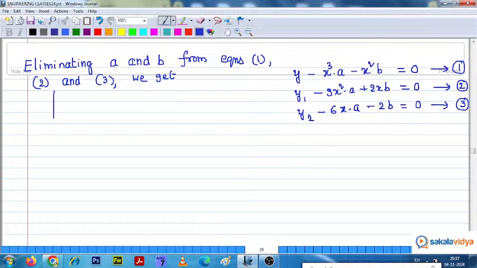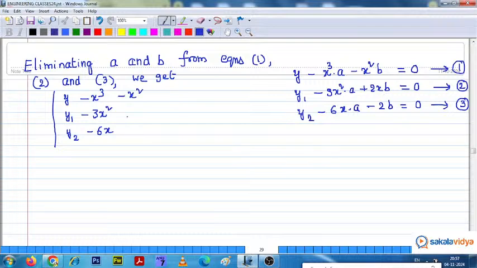The determinant with first column y, y1, y2. Next, what is the a coefficient in the first equation? Negative x cube. Here negative 3x square in the second equation. The a coefficient in the third equation is negative 6x. Next, the b coefficient is negative x square.